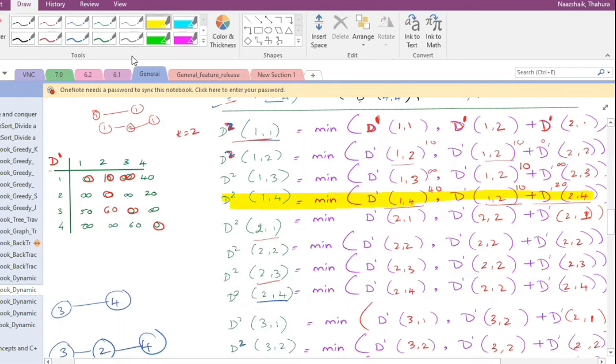If you take a look at this, in your original value, 1 to 4 was 40. But there's an alternate path where you go 1 to 2 and 2 to 4. 1 to 2 takes 10 and 2 to 4 takes 20.